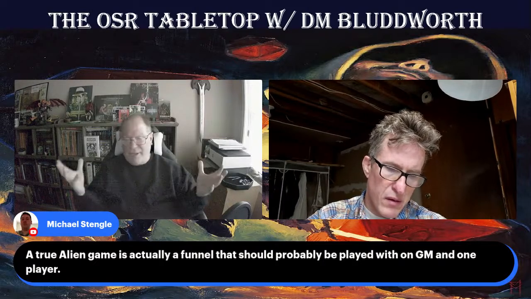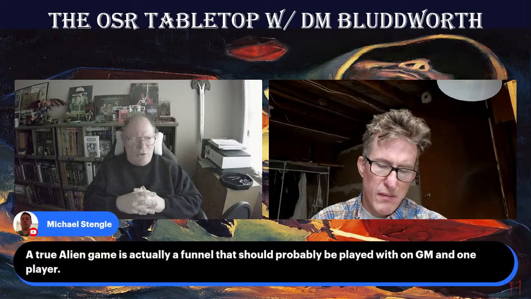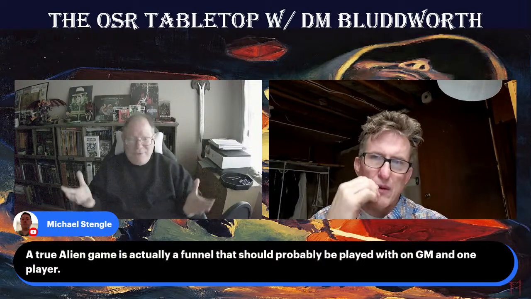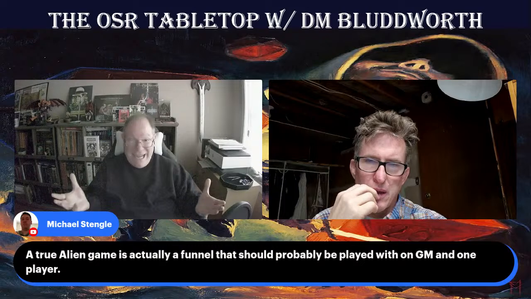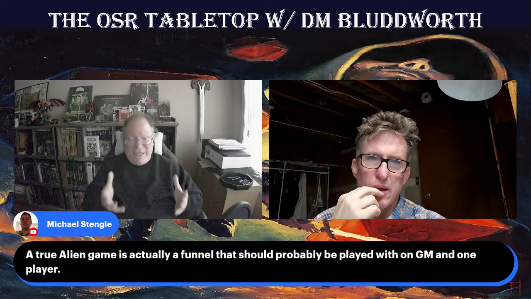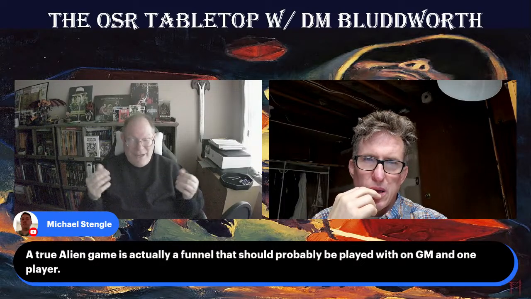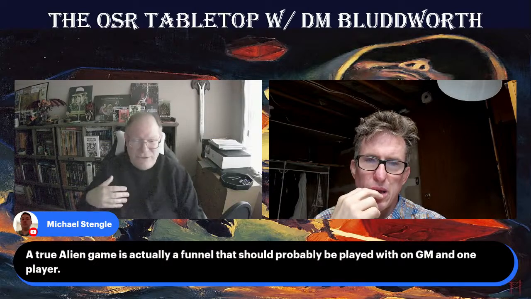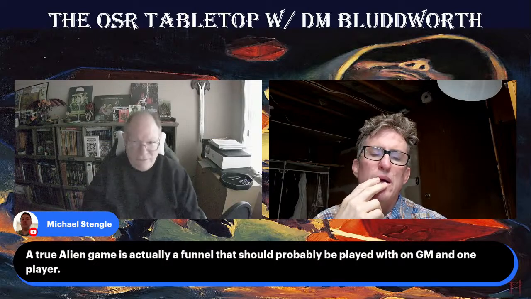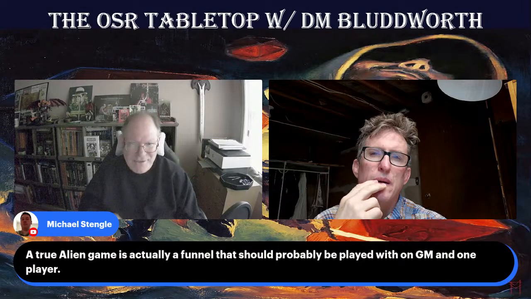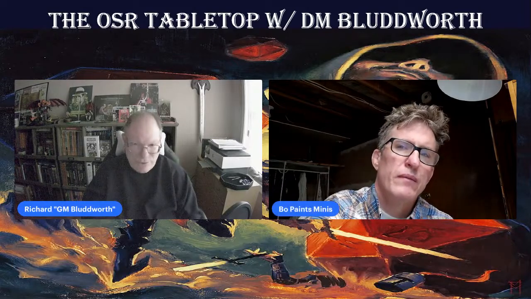Imagine playing Alien RPG and there's no tone of suspense in it. You might be running the mechanics, but you're not playing the game the way that it was intended to be. You're not generating the emotion that game system is meant to create.